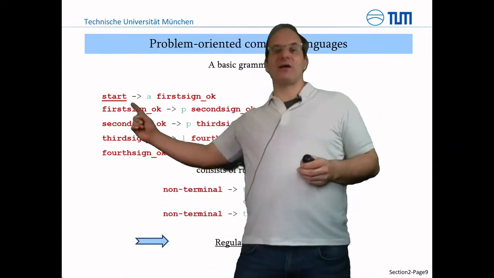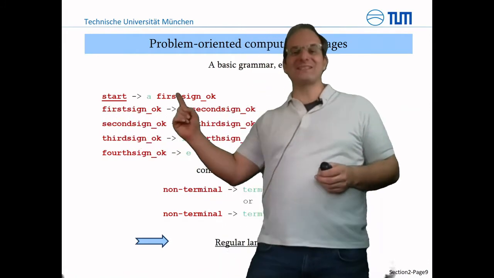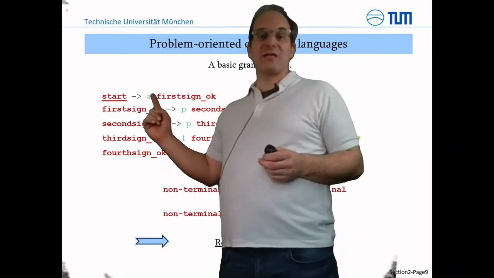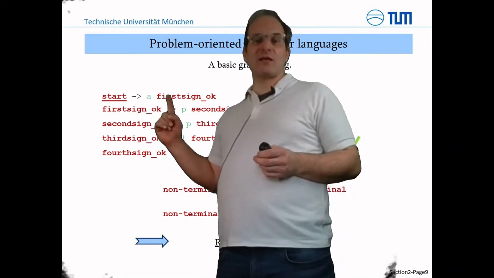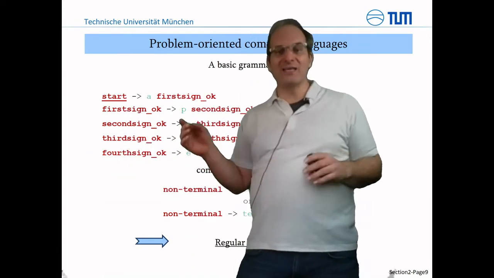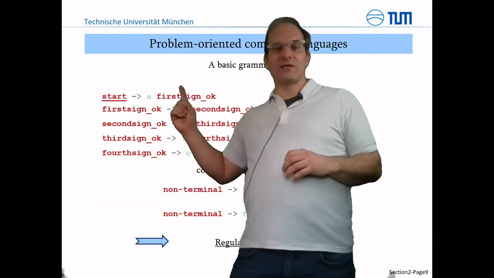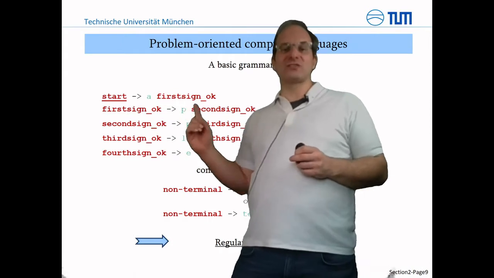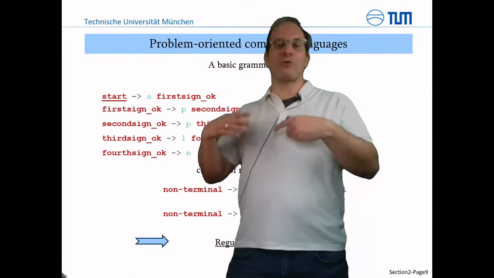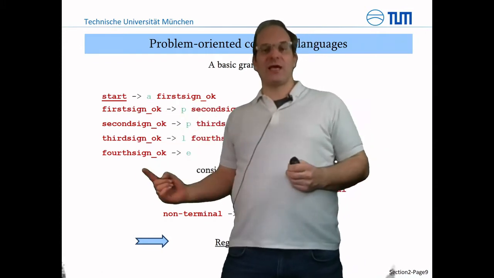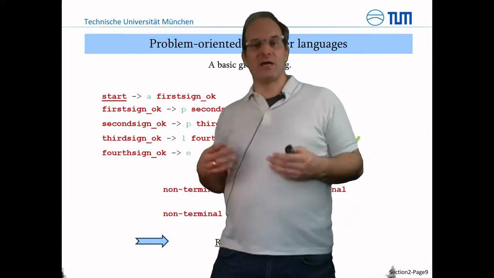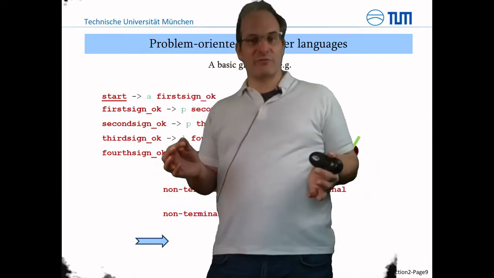We have a left part and we replace it by a right part which contains a terminal and a non-terminal. So we always have this situation. We always combine terminal 1 and non-terminal, and we replace this non-terminal again with a terminal symbol and a non-terminal. So we always have the same style of rules until the last rule, which is just a replacement by a terminal, so by a character from the alphabet.